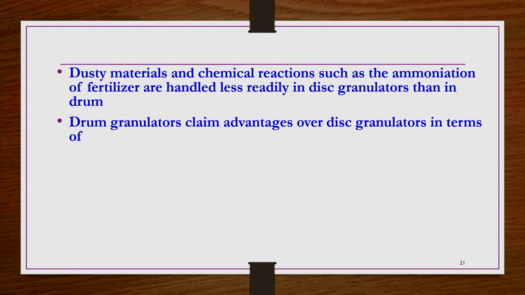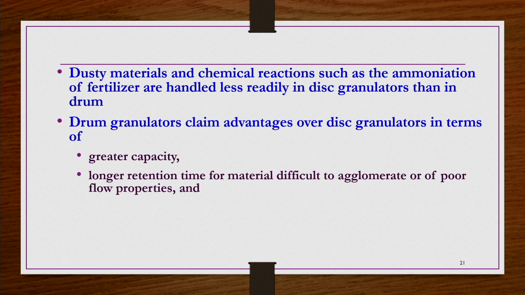Drum granulators have several advantages over disk granulators, such as very high capacity and longer retention time for material difficult to agglomerate. It is not necessary that when we mix the binding liquid and fine particles of feed and rotate the drum, granulation will take place.